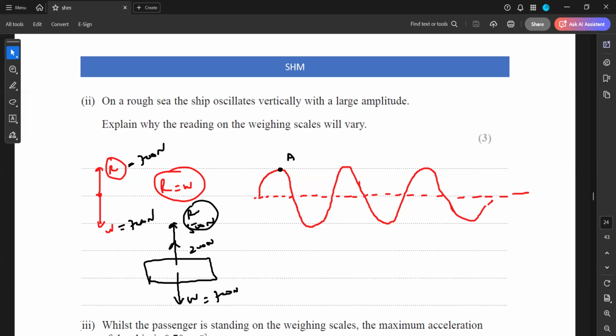If the value of the normal contact force decreases, it means the reading on the balance will also decrease. Is it clear? The first part, part A: why the reading will decrease when he is above the equilibrium position.